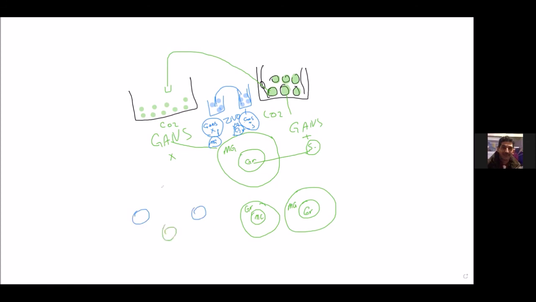Gravitational with magnetical, gravitational with magnetical. Now you can play with that.